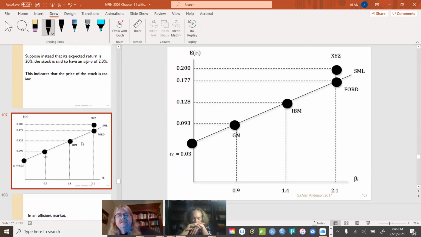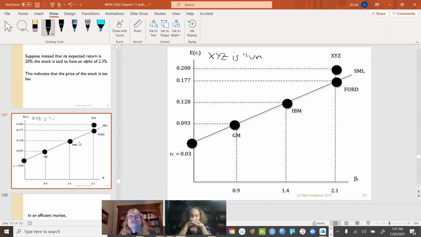What happened? Both stocks are equally risky, and yet somehow XYZ has a higher expected return. That indicates that something's not right. What is wrong? Well, how can the return be so high? That's only going to happen if XYZ is underpriced.